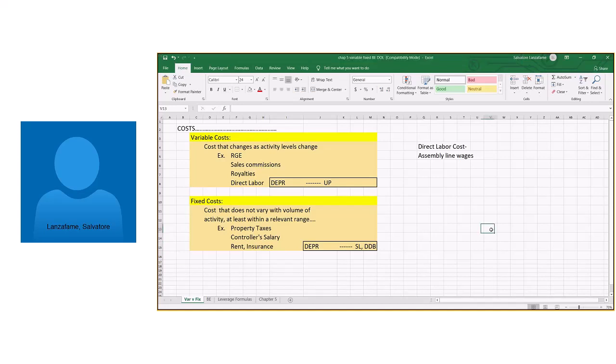All right. So as you can see there, I have a couple of different definitions for variable cost and fixed costs. So variable cost, a cost that changes as activity levels change. So when we're talking about units, or in the medical field, number of visits, that's what we mean about activity levels. So the more people that come into the office, the more money in theory the office makes, but you got to take costs into account along with revenues into account. But we're talking costs right now.